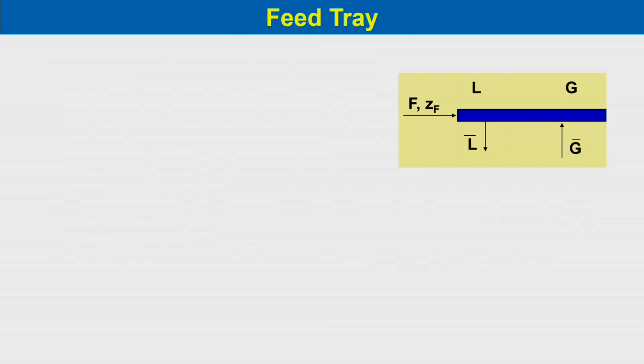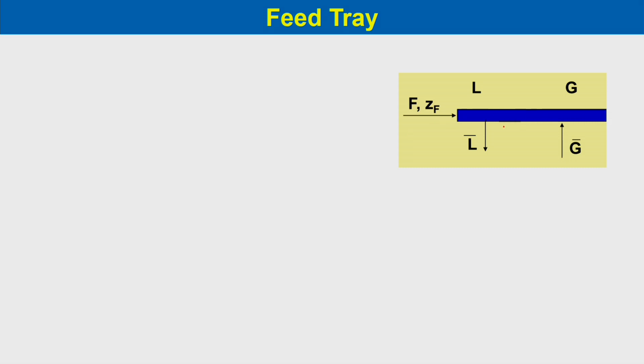Now, let us consider feed tray. So, this is a feed tray where feed enters with the composition ZF and molar flow rate F, having the enthalpy HF.